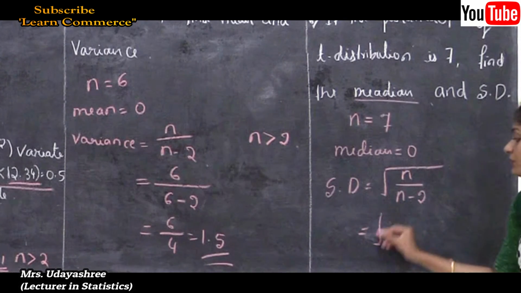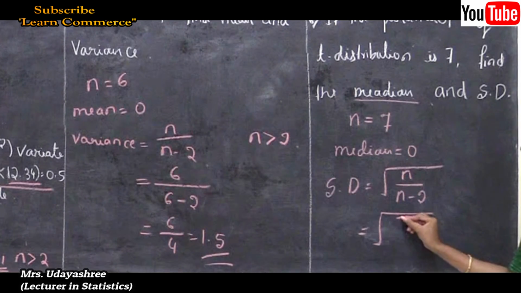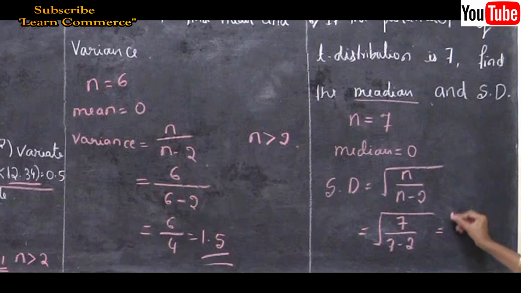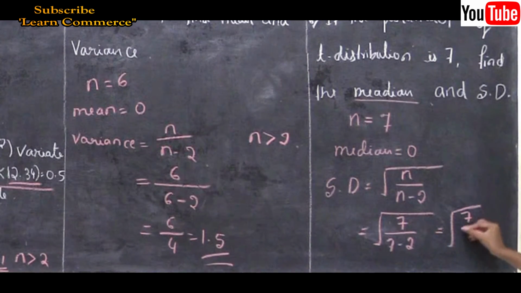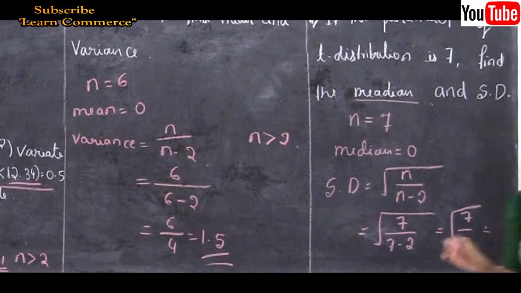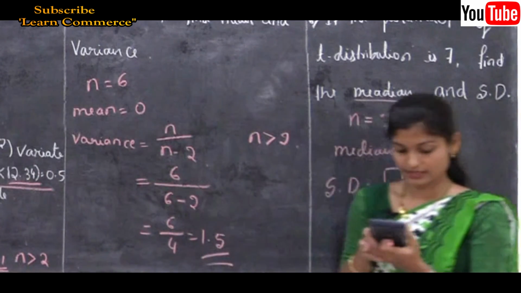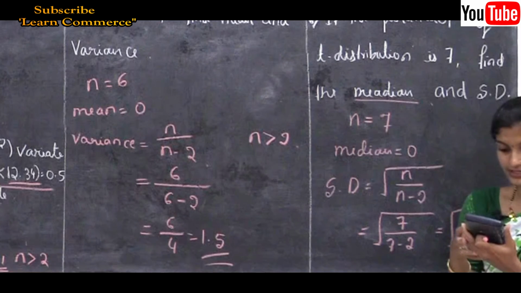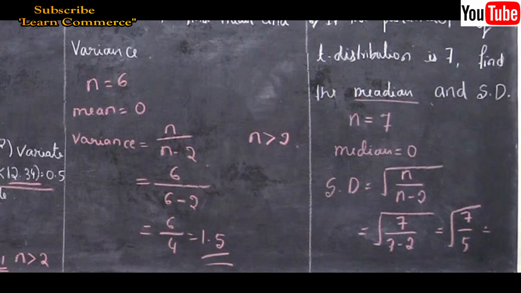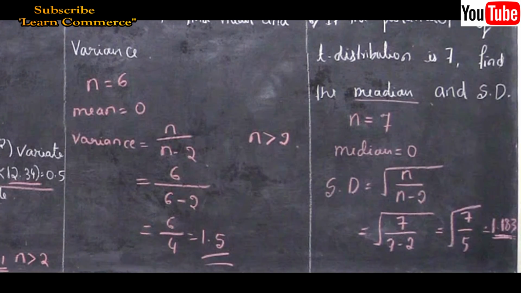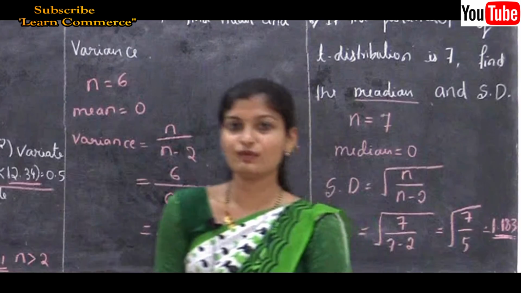This is equal to the square root of 7 divided by 7 minus 2, which is the square root of 7 divided by 5. 7 divided by 5 is 1.4, and the square root of 1.4 is 1.183. Thank you for watching this video.